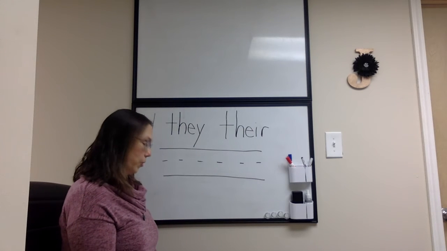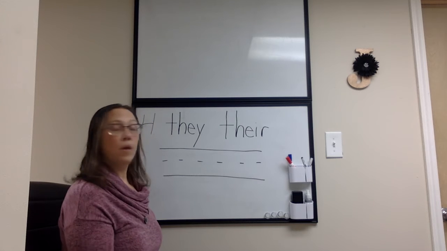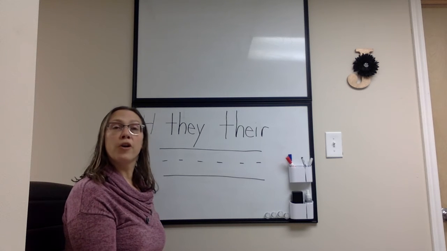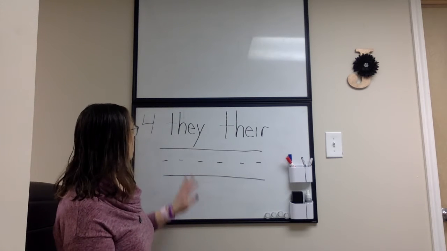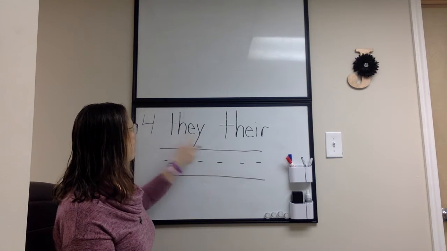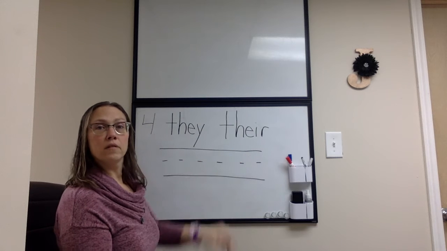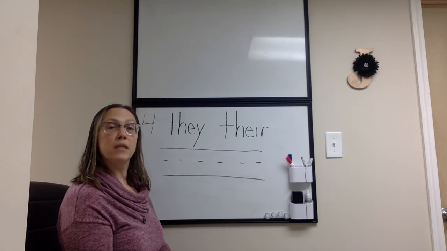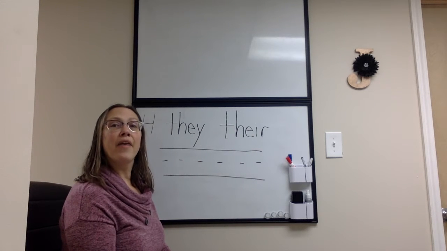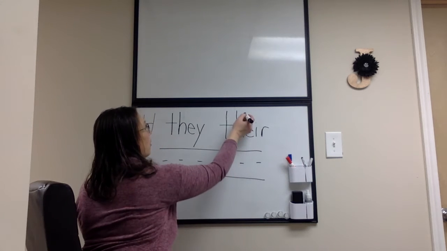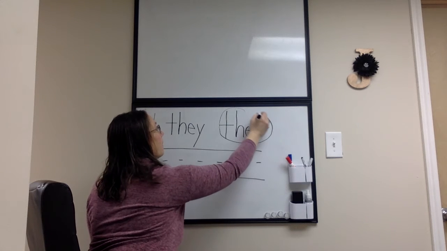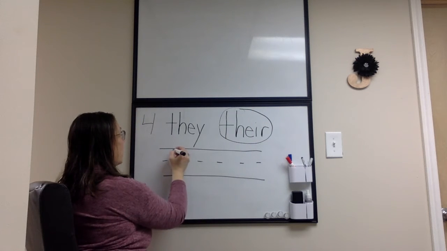So, the word that we are looking for and that we want to practice is the word there. So, let's say the two words, they, there. Point to the one that Mrs. Johnston said. There. Circle the word there. Then we're going to write it.